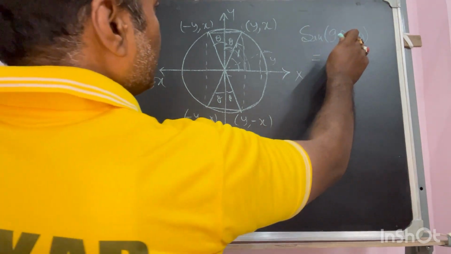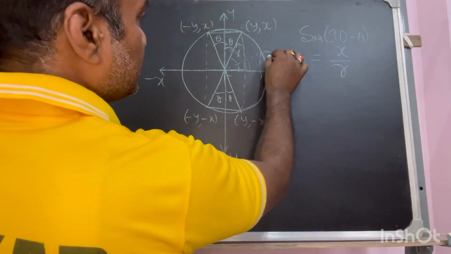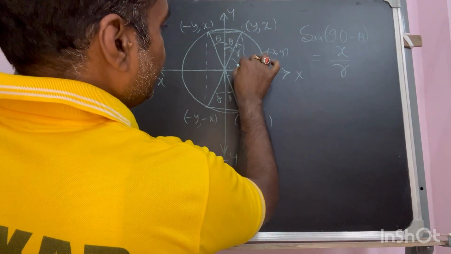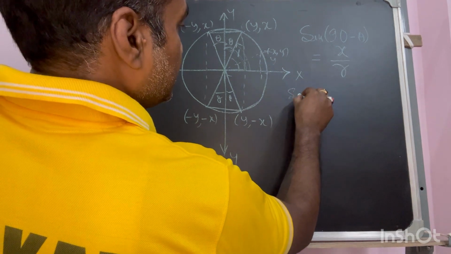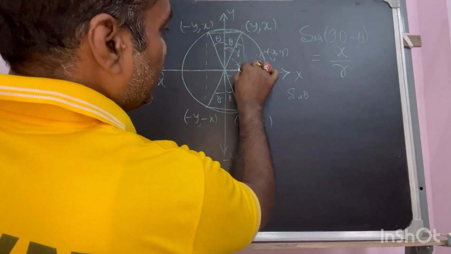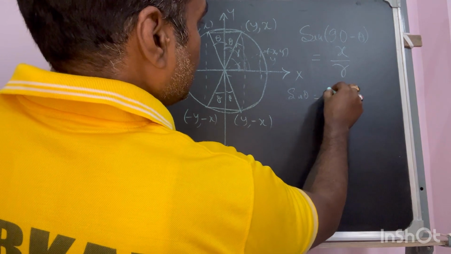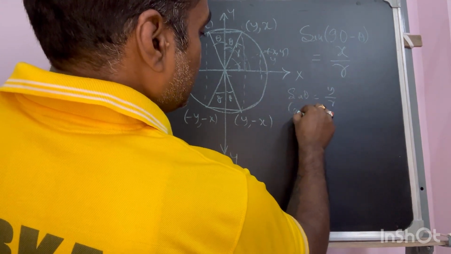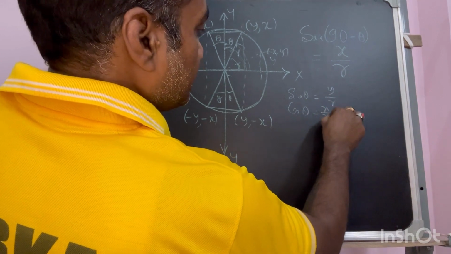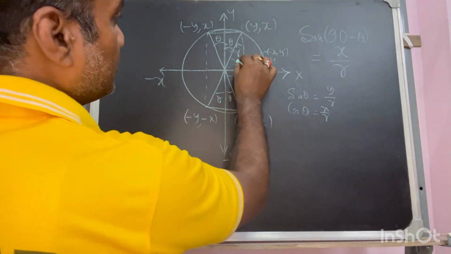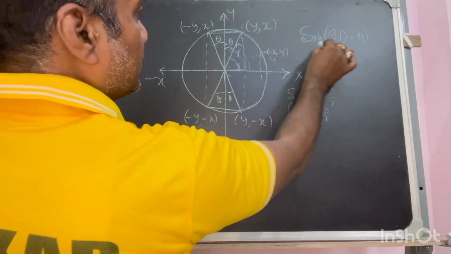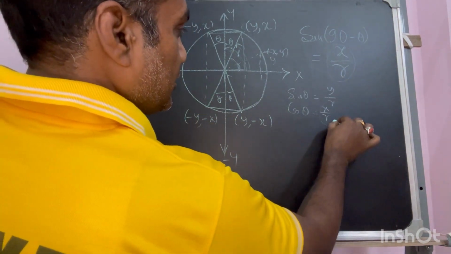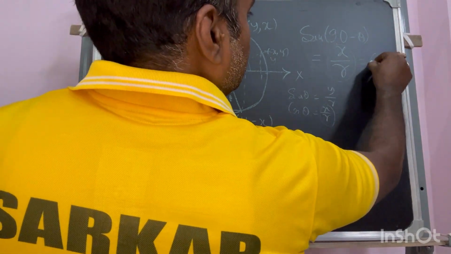Now what was the earlier case? There it is x and y. So in that case, if it is theta, sin theta, if I calculate, that was y by r, and cos theta was x by r. Now this is 90 minus theta. If I am getting the x by r value, this is equal to cos theta. So I can write this is cos theta.